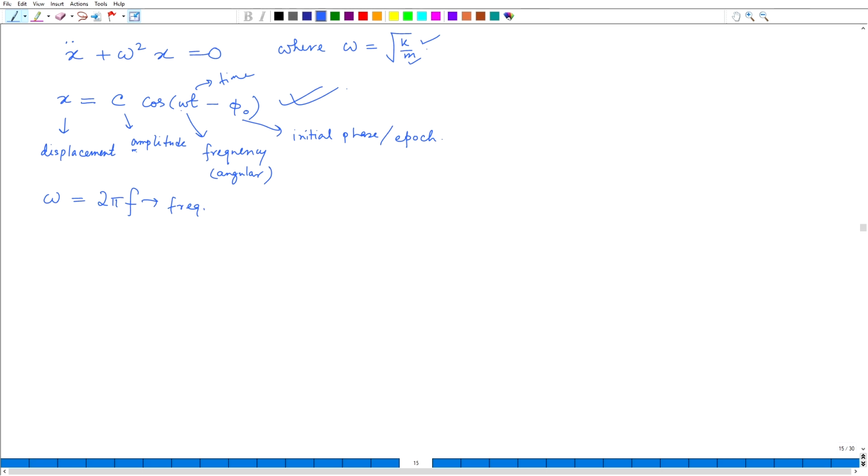For example, if I give you 1 second, how many times does the oscillator perform a complete oscillation? And if you multiply this by 2 pi, you will have omega.